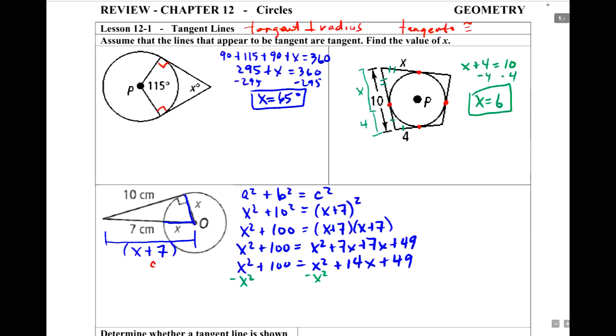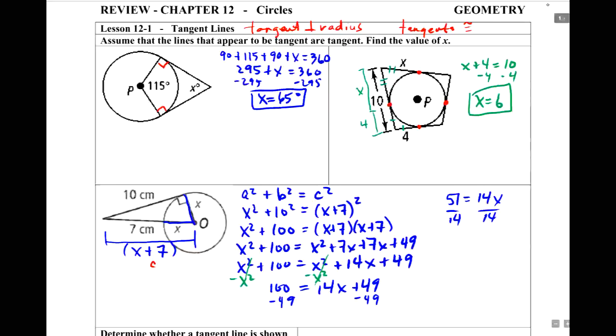And I'm going to subtract x squared from both sides. That gives me 100 equals 14x plus 49. Then I'm going to subtract 49 from both sides, just doing the opposite operations. And I get 51 equals 14x, divide both sides by 14.